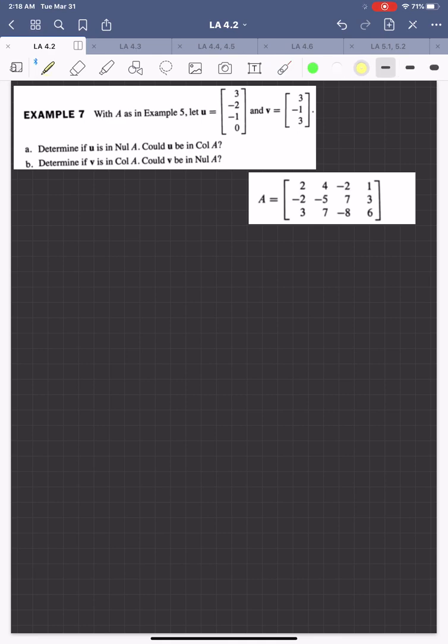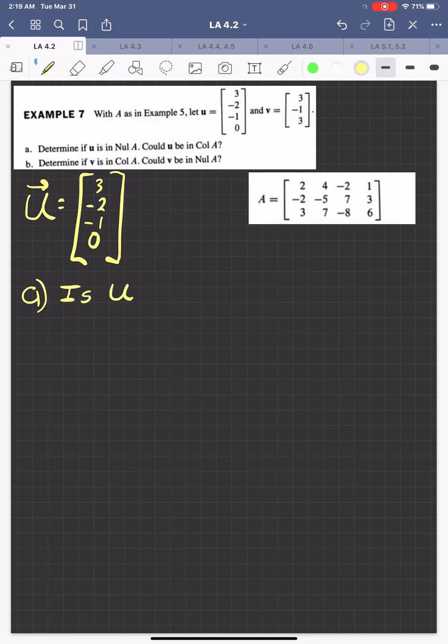Let's see if you understand this question. Ready? We're going to start with just vector u, which is 3, negative 2, negative 1, 0. Very first question, part A: is vector u in the null space and column space?